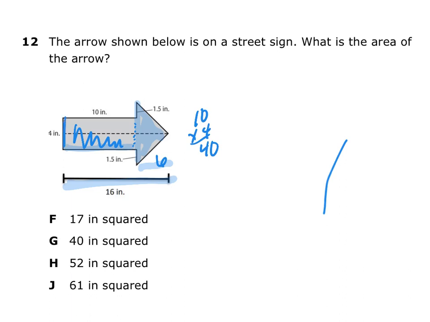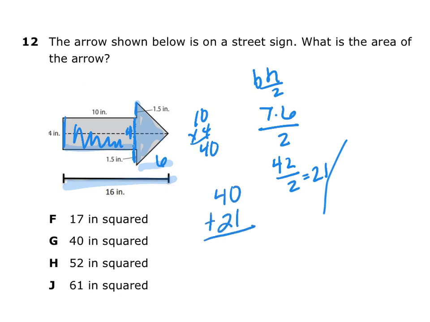And this 4 transfers here, so that's 4 and 1.5 and 1.5, which makes 7. So it's 7 times 6 divided by 2, which is base times height divided by 2. So 42 divided by 2 is 21. So we add 40 and 21, and we get 61.